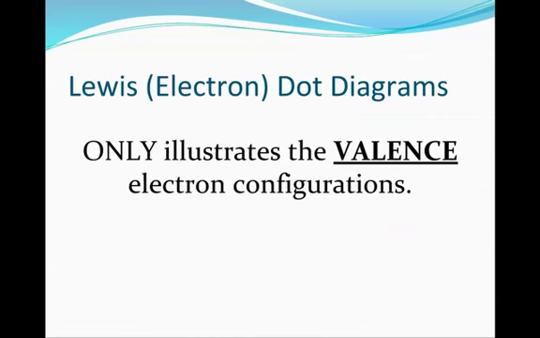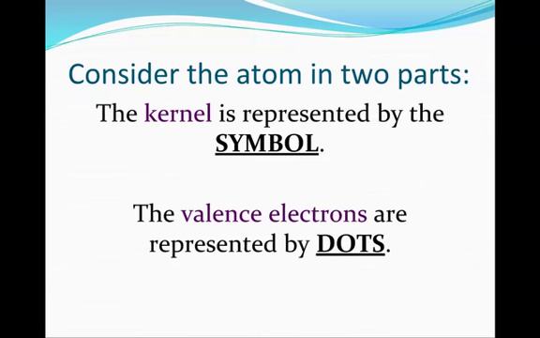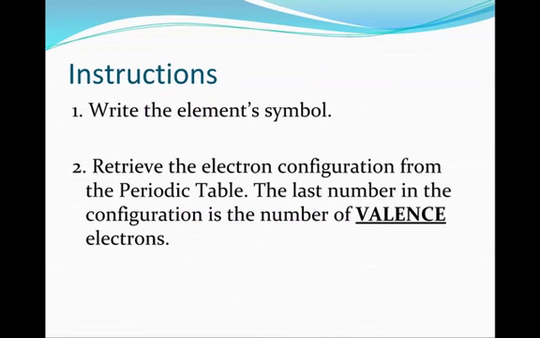The reason why we care so much about valence electrons is that they really determine the chemistry of our atoms. So we represent them with something called Lewis or electron dot diagrams. The kernel, all the inner electrons and the nucleus, is represented by the symbol, and just the valence electrons are represented by dots, or sometimes X's.